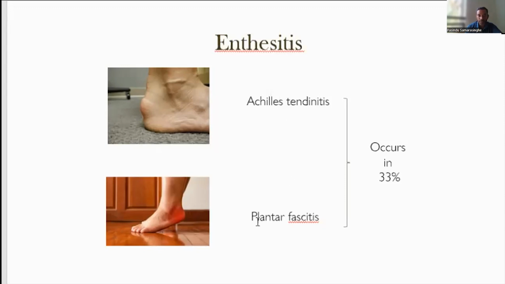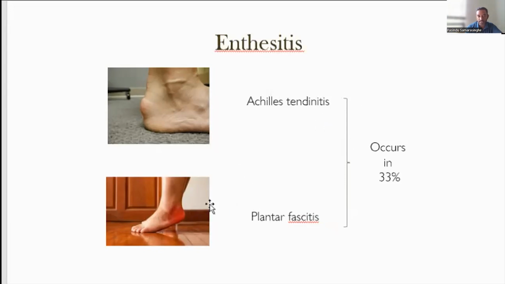Plantar fasciitis is the same, but even the mechanical condition in plantar fasciitis is worse in the morning. Probably most of you know, they will tell you first thing in the morning they will have it. So it's kind of difficult to differentiate. But when you have back pain, spondyloarthritis is very important.